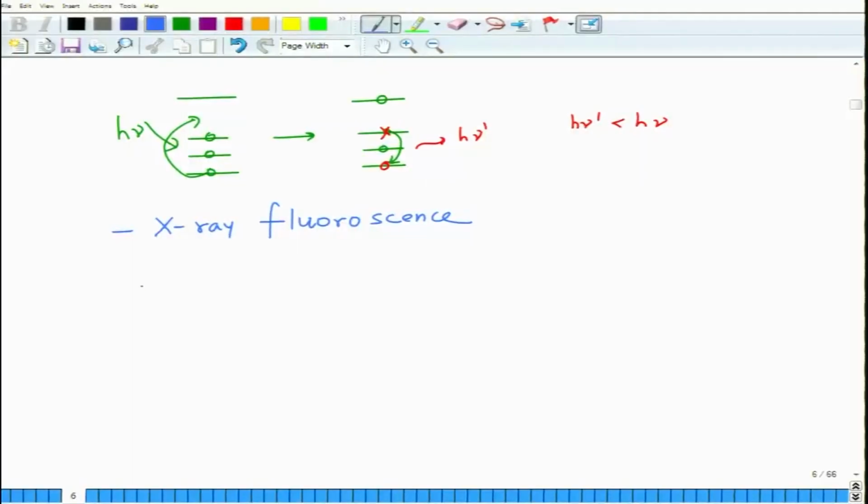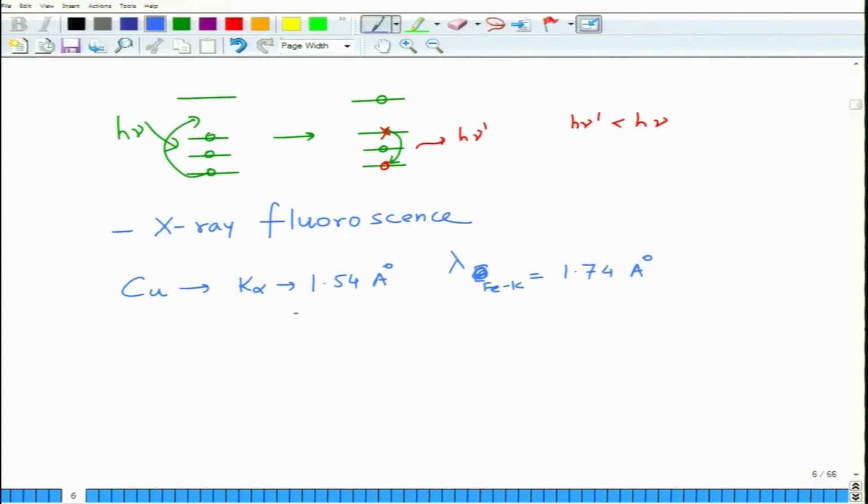Okay. So for example, in case of copper, K alpha is 1.54 angstrom, and for iron, it turns out the Fe K edge is nearly 1.74 angstrom.